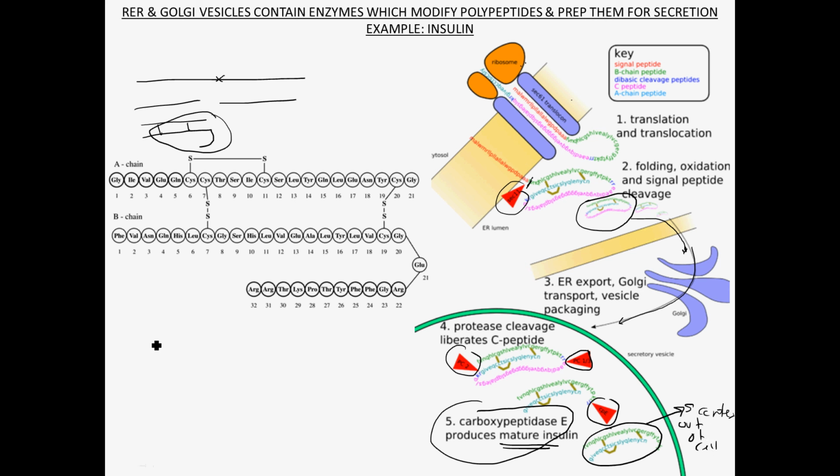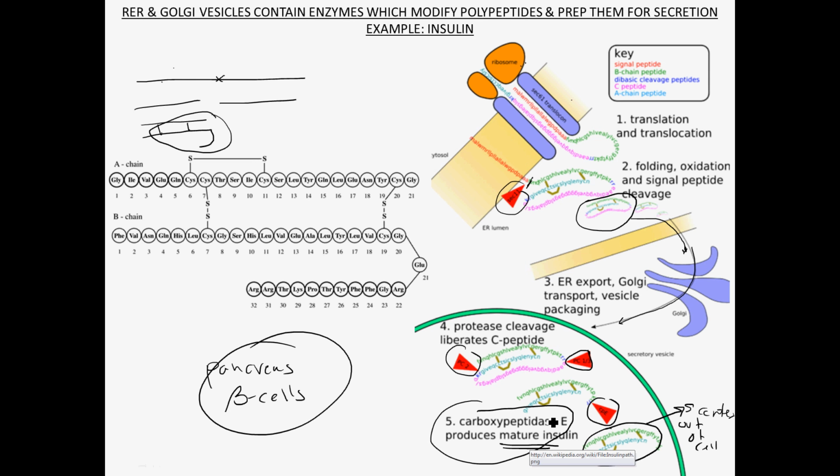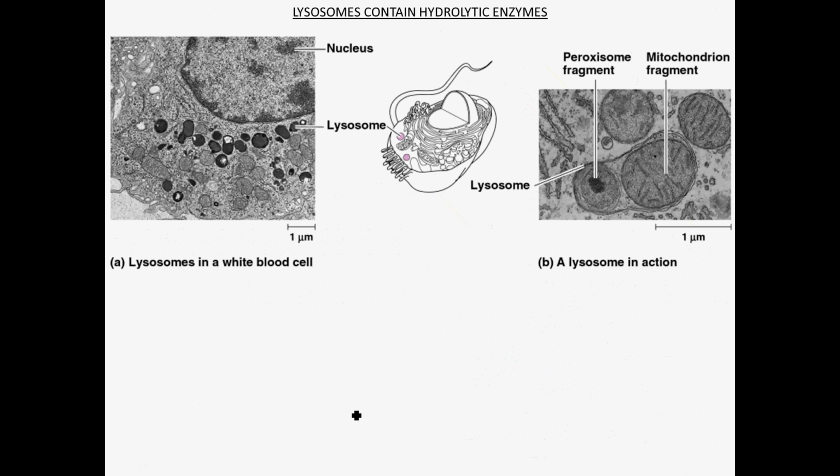Okay, and of course this is happening in cells of the pancreas, and specifically beta cells of the pancreas. So this is just a specific example of how a protein might be modified from its original polypeptide string right here to this functional mature molecule that's actually going to leave the cell and provide some sort of function.